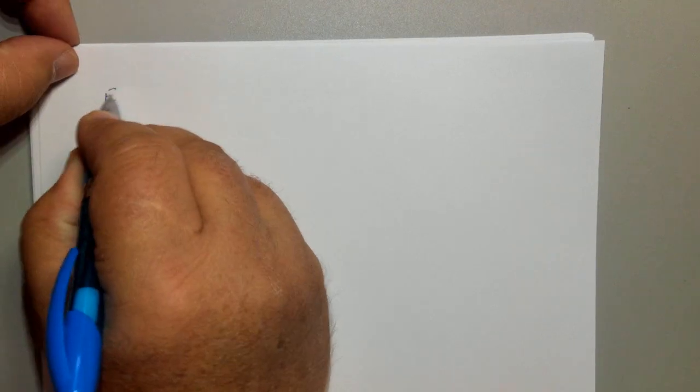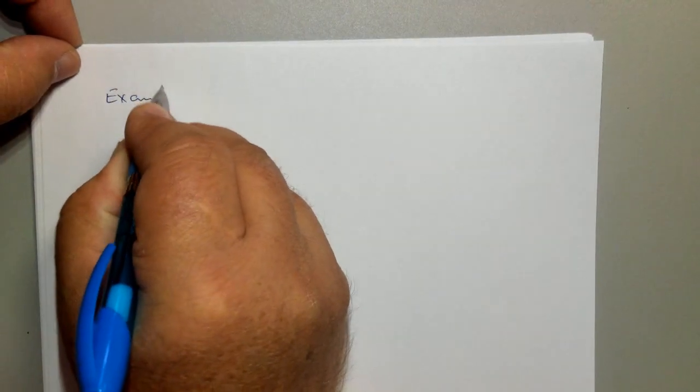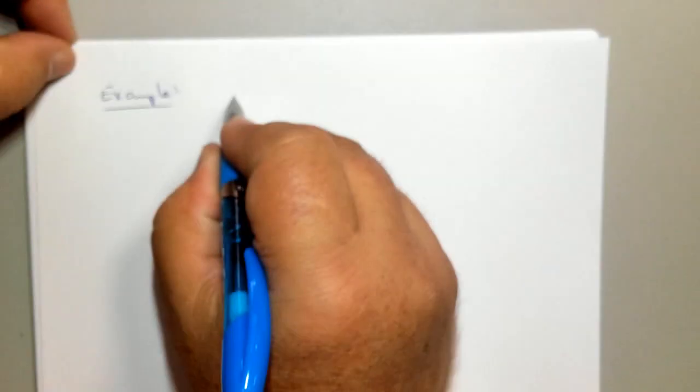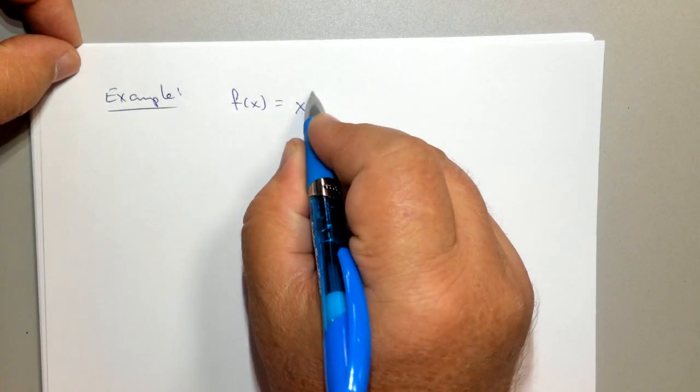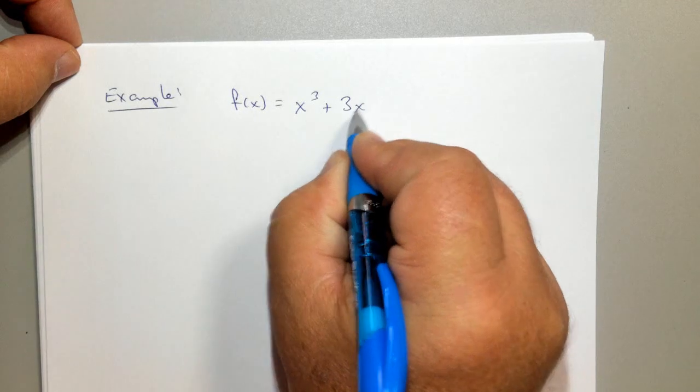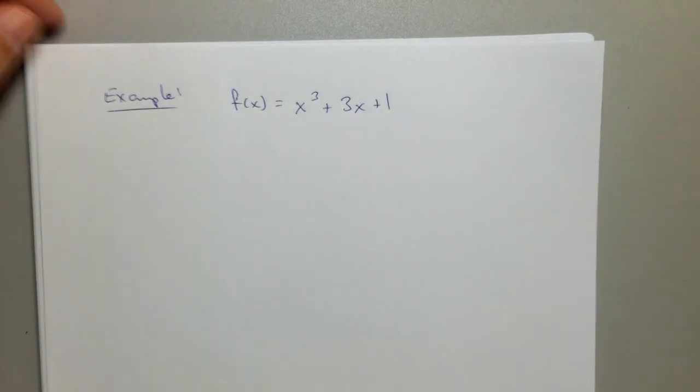Here's an example. f of x equals x cubed plus 3x plus 1.